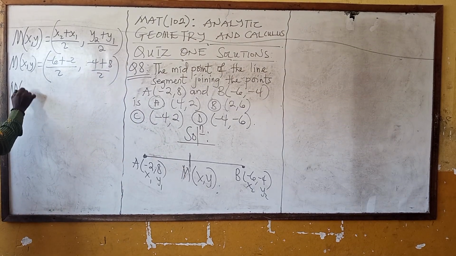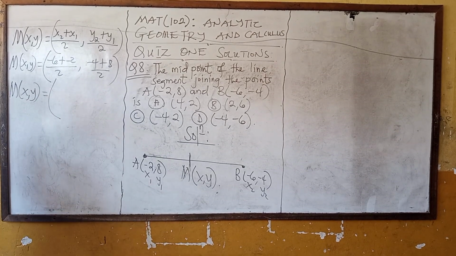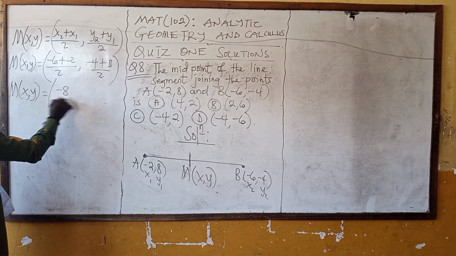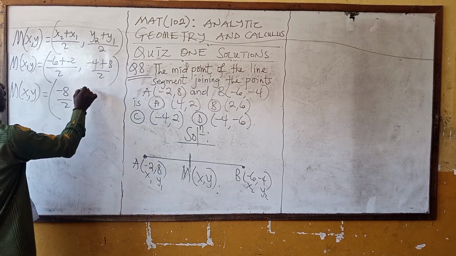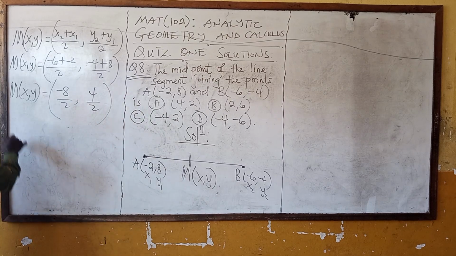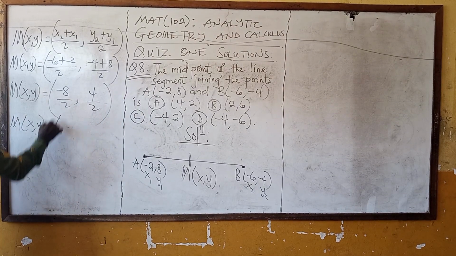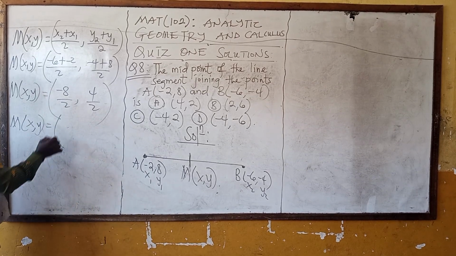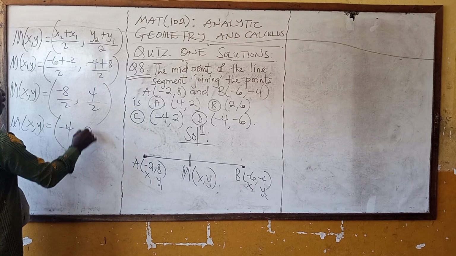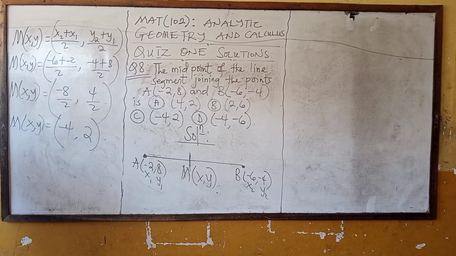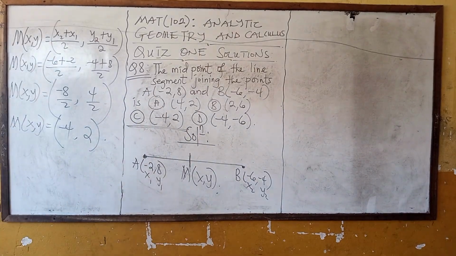So -6 plus -2, we obtain -8 divided by 2. -4 plus 8, we obtain 4 divided by 2. So my M(x, y) must be equal to -8 divided by 2, which is -4. Then 4 divided by 2, we have 2. So we get our option to be option C.